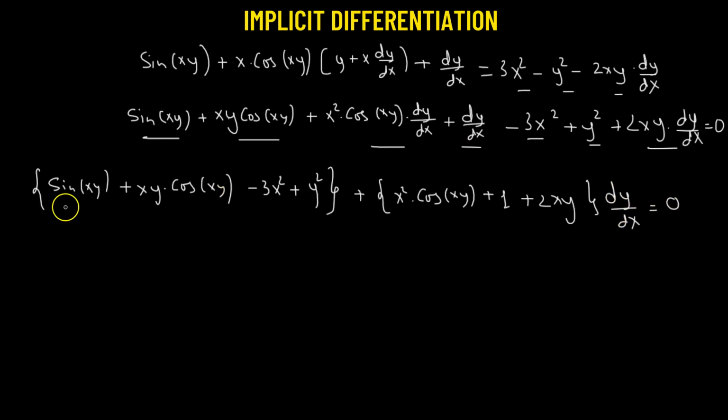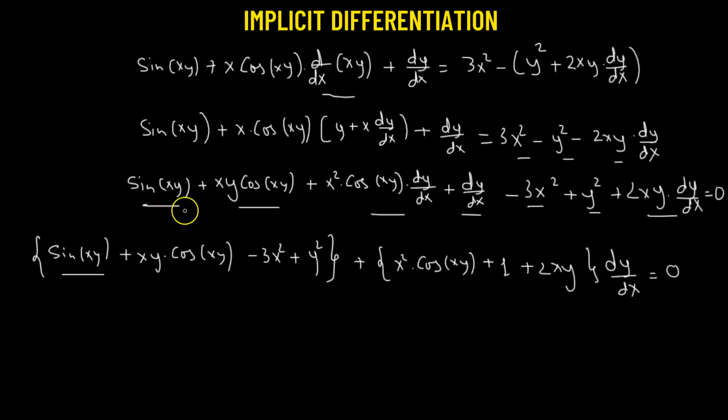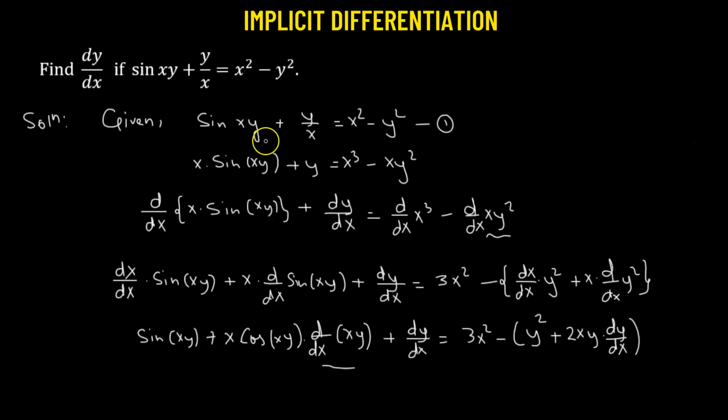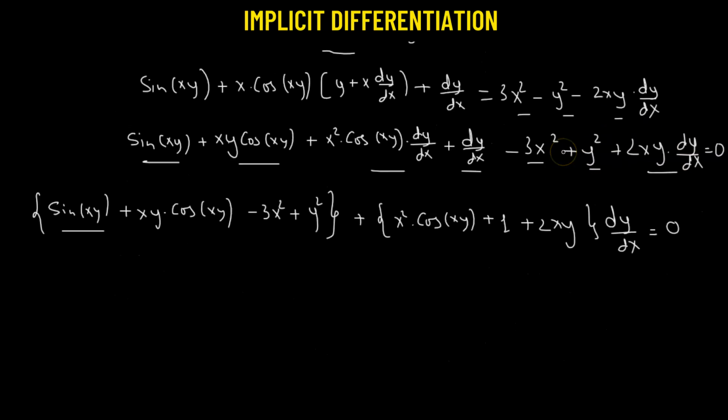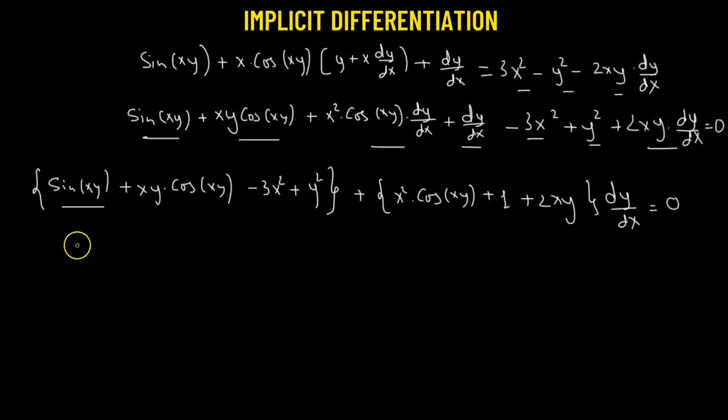Now we're going to replace sine of xy using our original equation number 1. Sine of xy plus y over x equals x squared minus y squared. So from here we can rewrite equation number 1 to get sine of xy equals x squared minus y squared minus y over x. So let's use this value. So we will get x squared minus y squared minus y over x.